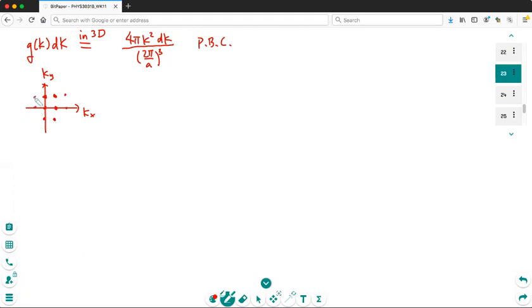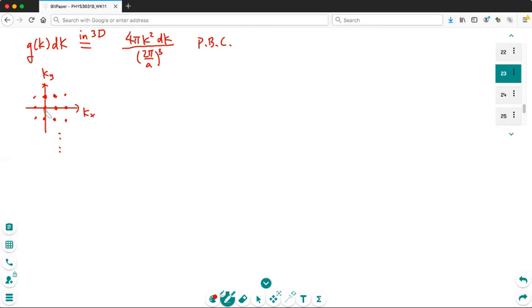So I will draw a few for you. Okay, and so on. How do I get this 2 pi over a raised to the power of 3 in 3D? So in 2D, we are talking about an area. So that should be 2 pi divided by a times 2 pi divided by a. Okay, so this is kind of easy, but it's worth considering this a little bit deeper.